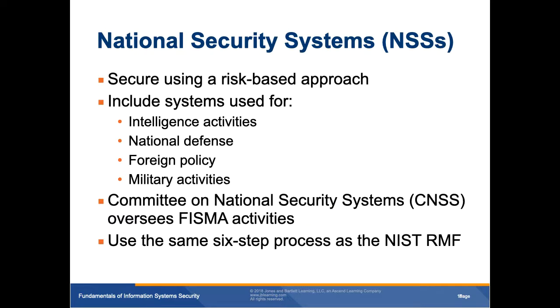National Security Systems, NSS, are secured using a risk-based approach and include systems used for intelligence activities, national defense, foreign policy, and military activities. The Committee on National Security Systems oversees FISMA activities. It uses the same six-step process as outlined in the NIST risk management framework.